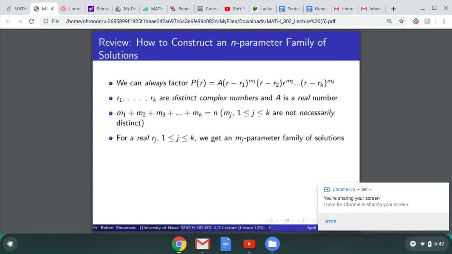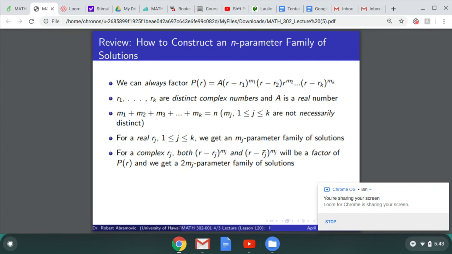Now if we have a real root and it appears with multiplicity mj, we get an mj parameter family of solutions. We've seen that just from case 2. If we have a complex root, then r minus rj to the mj power and r minus bar rj, its complex conjugate, will both be factors of p of r, and we get a 2mj parameter family of solutions.